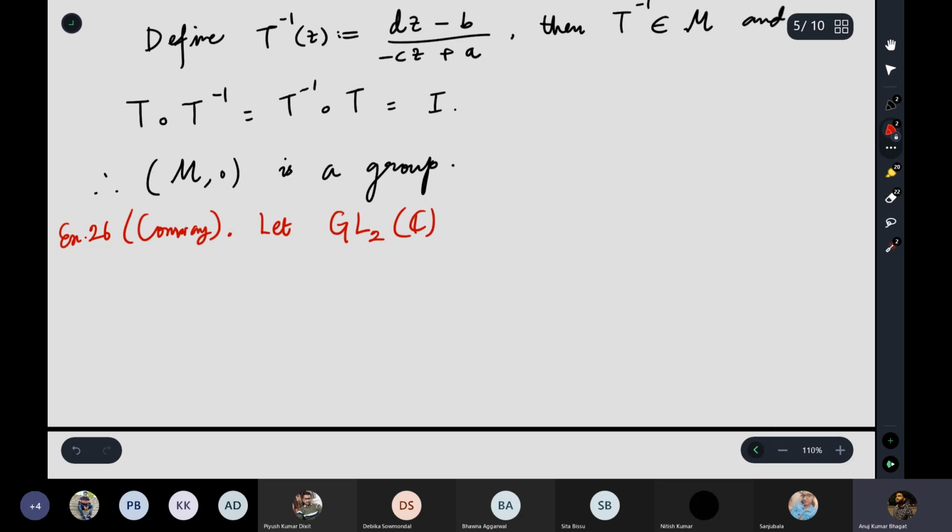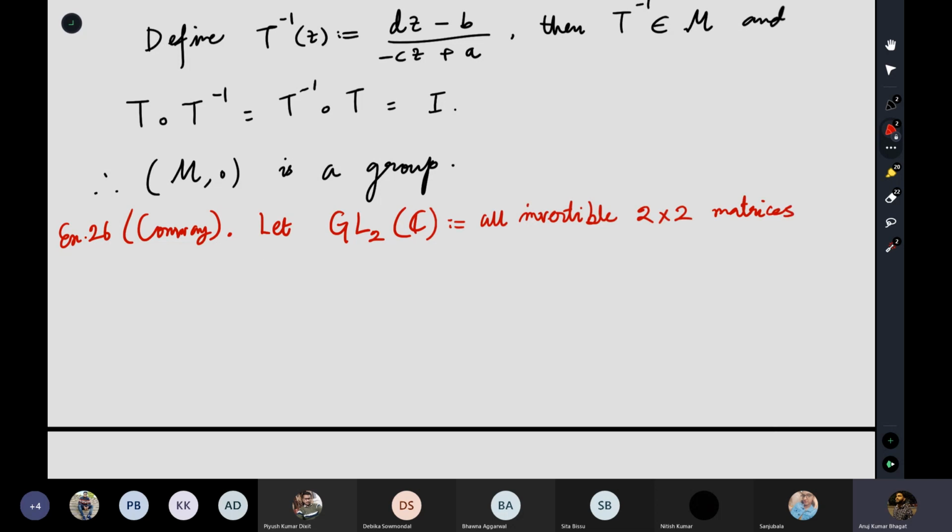What is this? This is the general linear group of order 2 over C. What is this? This is all invertible 2 by 2 matrices with entries in C.